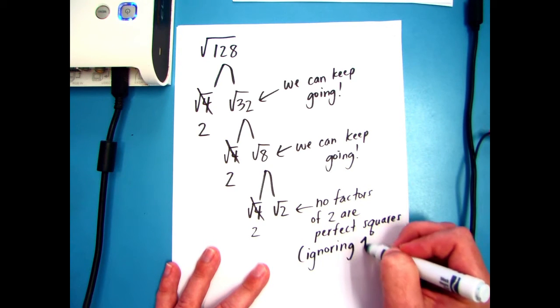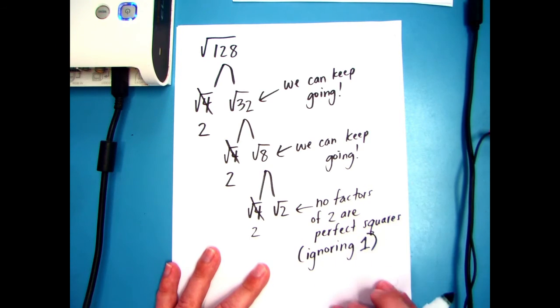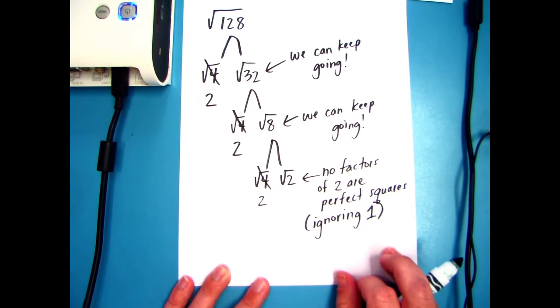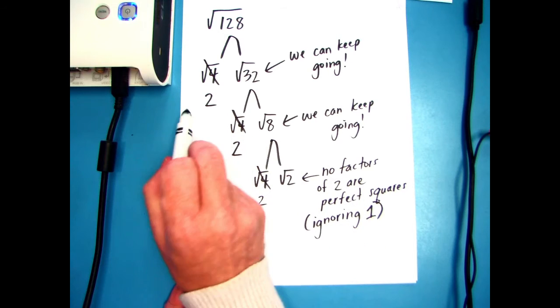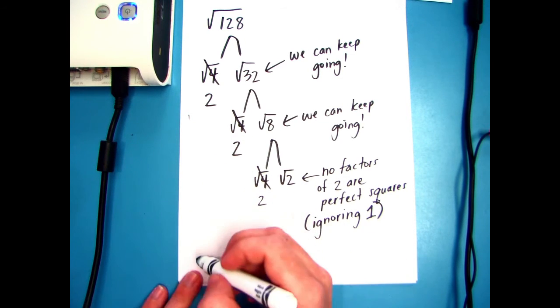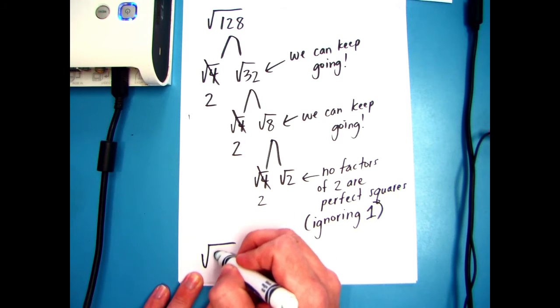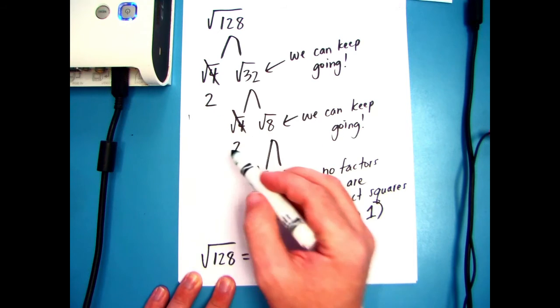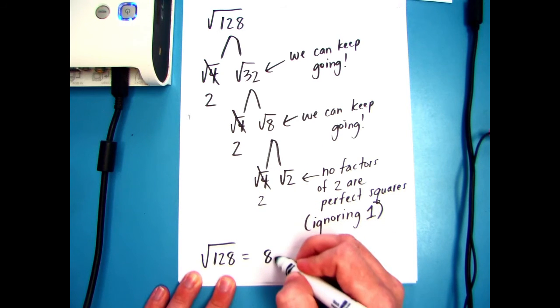Yes, that's true. But in this process, we're going to ignore 1. Because if you factor out 1 from a number like 5, the result is still 5. So you haven't changed or reduced the number in any way.